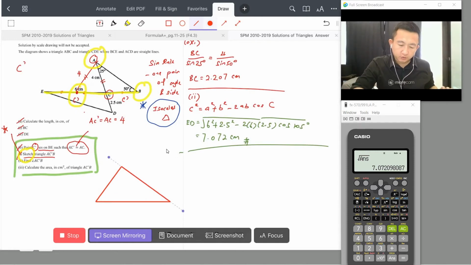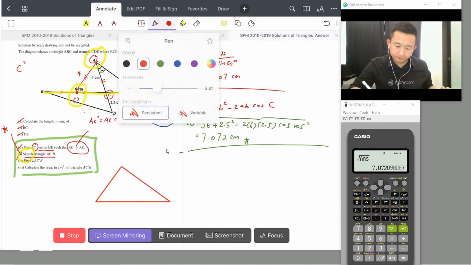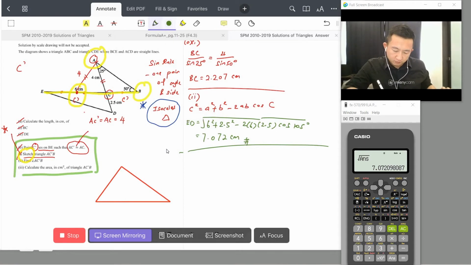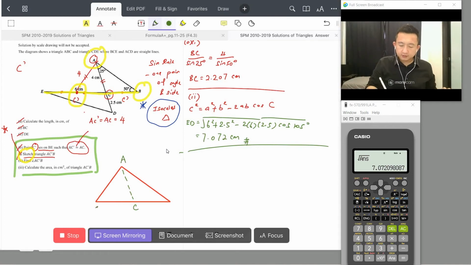And you also have here, this is AC. This is A, this is C, this is C prime, this is B, and what do you know? This angle never changes, 50 degrees. This is 4 cm, this is 2. Okay, that's what you need to draw to sketch the triangle AC prime B.